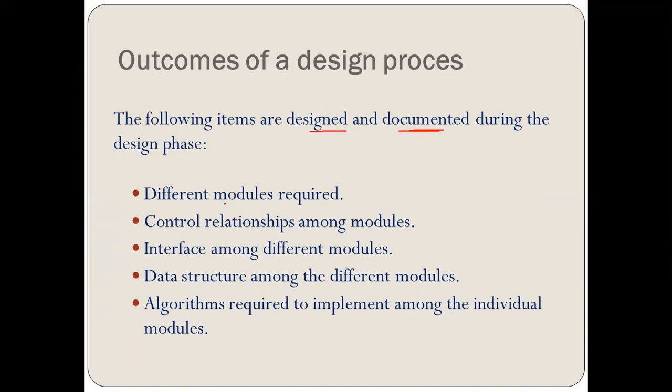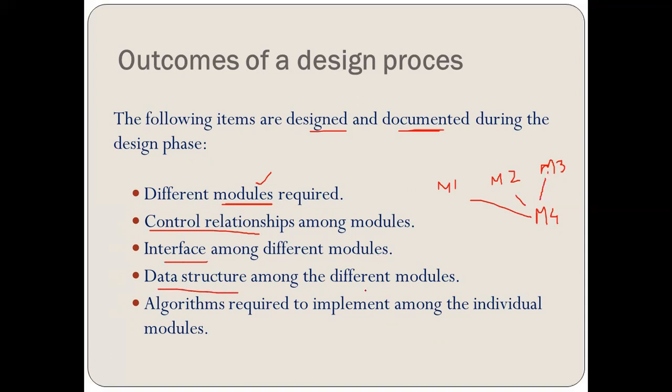We will have different modules. We will have control relationship among these modules. That means if we have 4 modules, M1, M2, M3, and M4, then the control relationship among these modules will also be defined and documented. Interface among different modules will be defined.